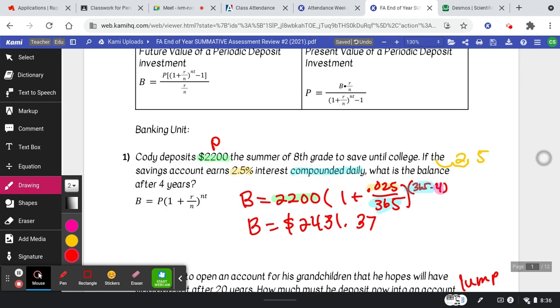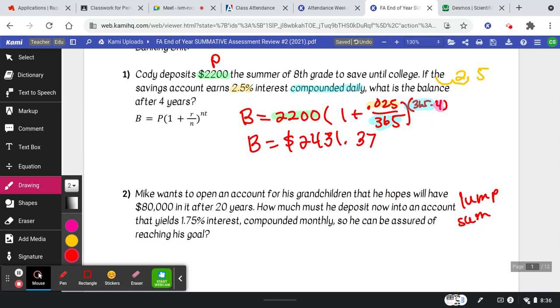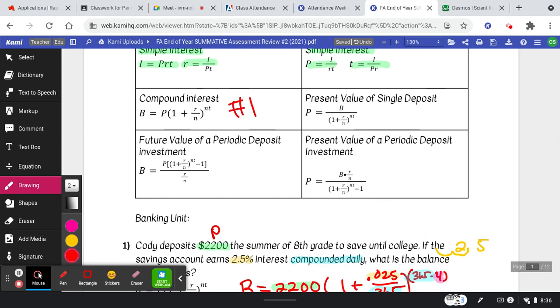So to do the lump sum formula, and by the way, it says, how much must we deposit? That's always our deposit amount, our P. So I'm going to be looking at the formulas for which one has a P equals, not a balance in the future. And so I go up there and look, here's my present value of a single deposit.